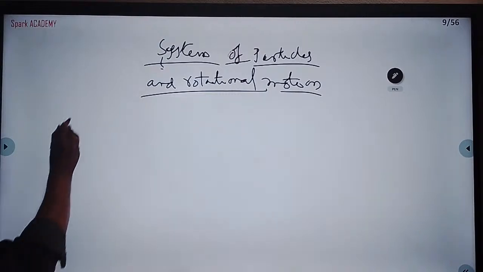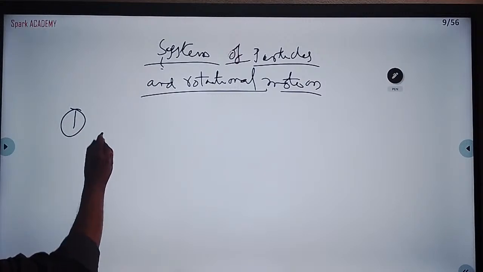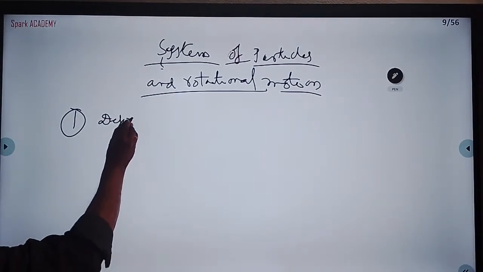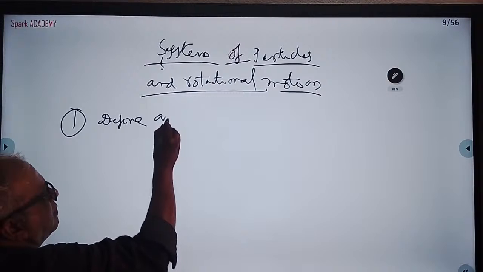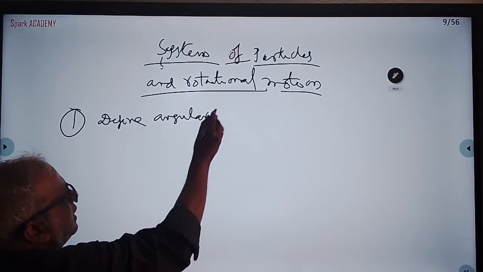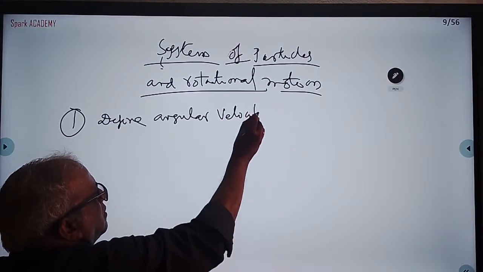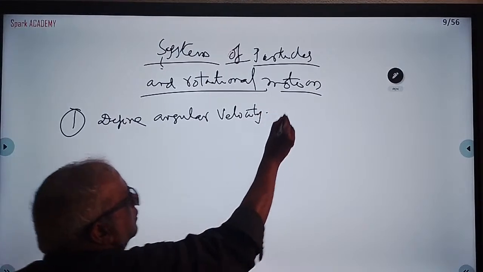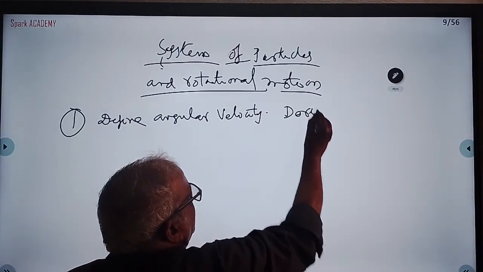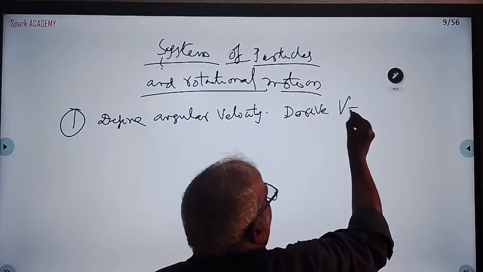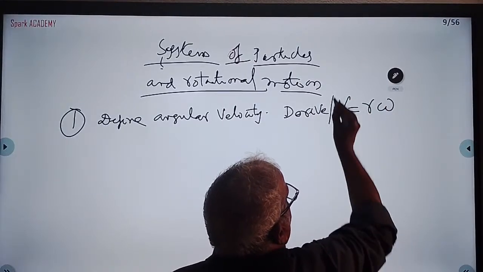First I am doing one easy derivation. Define angular velocity. Derive v is equal to r omega, where r is radius.